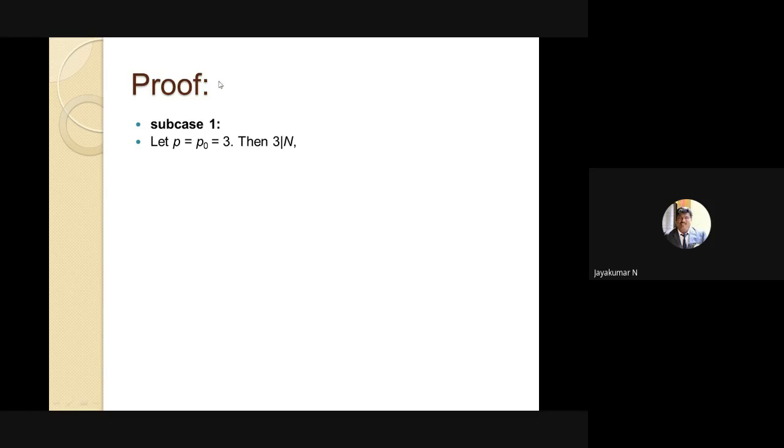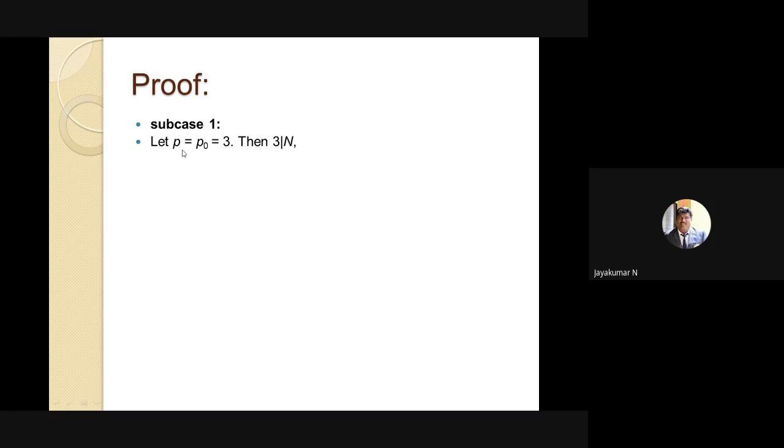Now, subcase 1: I consider the prime factor of n. I already assumed that the prime factor of n is p. Now I assume p is equal to 3.